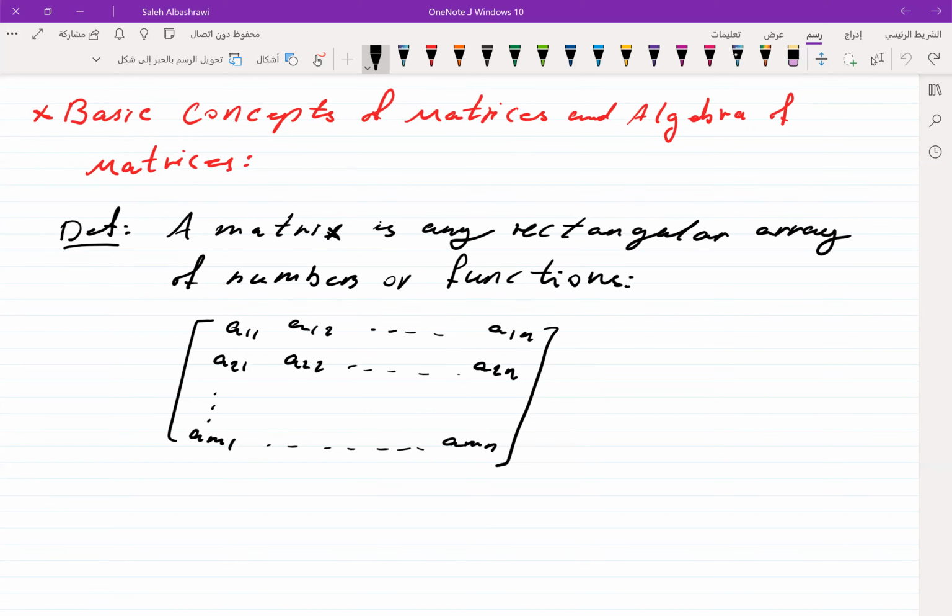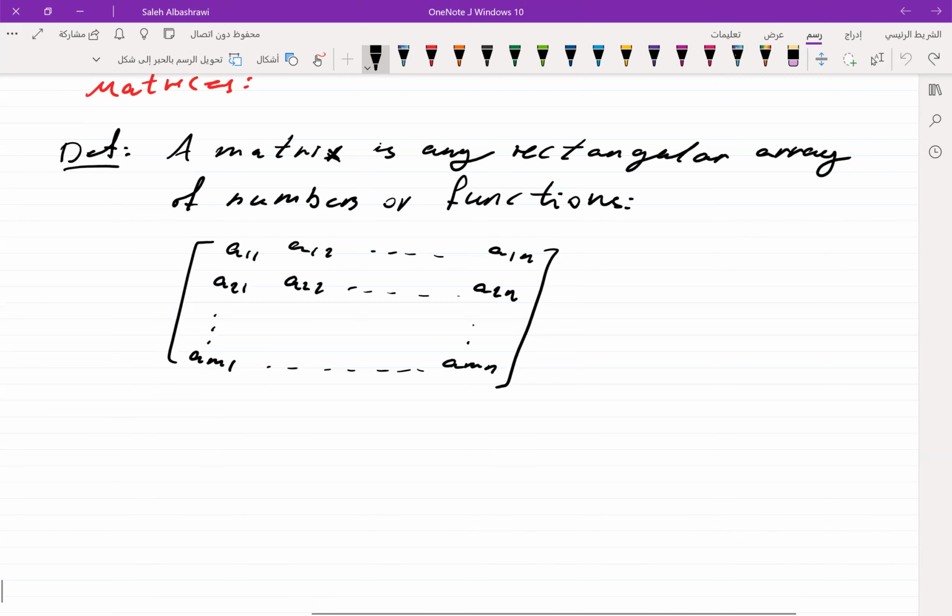We say this matrix has M rows and N columns, and it is written using the notation M cross N, where M is the number of rows and N is the number of columns.